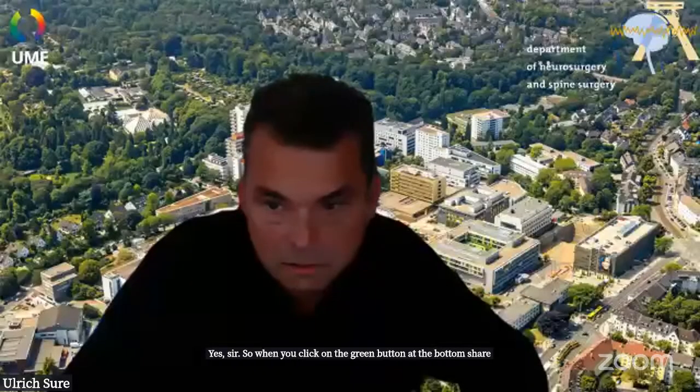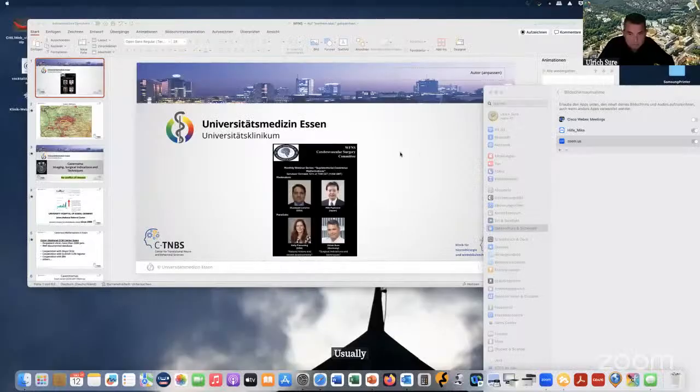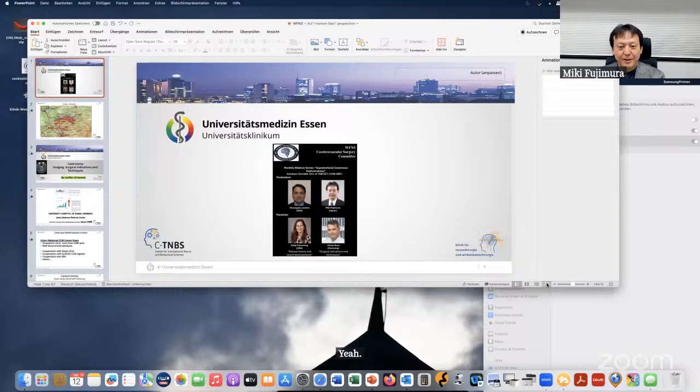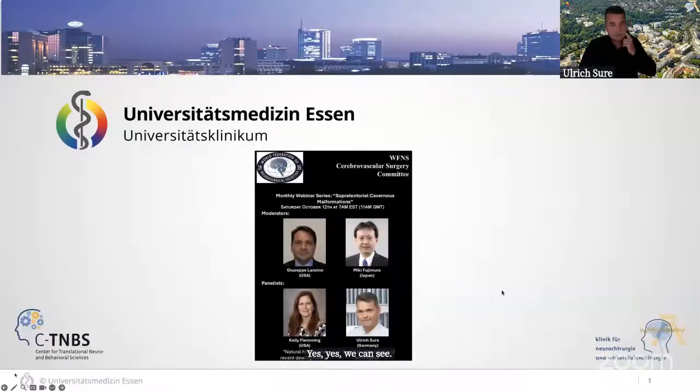When you click on the green button at the bottom, share. Usually it works. Yes, it's working. I can see the slides. Yes, we can see. Slideshow, please. Okay, good. So sorry. I don't know what happened.